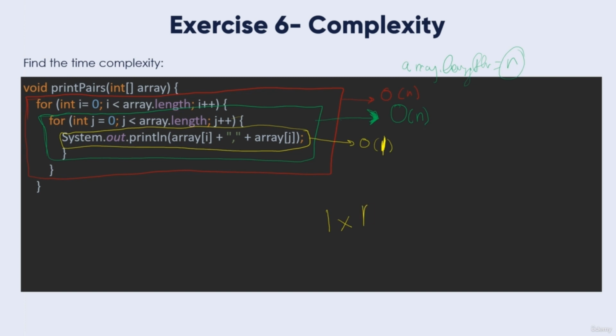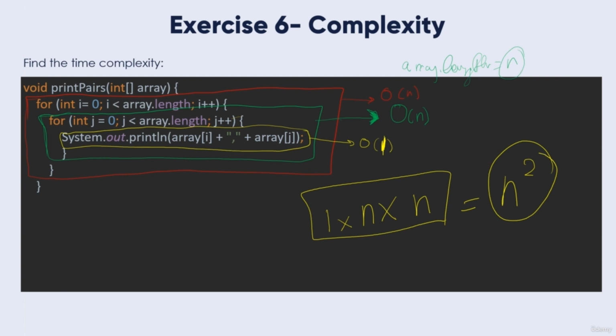It is executed n times. And this inner loop in green is executed n times because it is a nested loop inside a bigger outer loop that is going from 0 to n elements. So 1 times n times n. This results in n square. So the time complexity of this exercise, this method and this algorithm, is O of n squared.